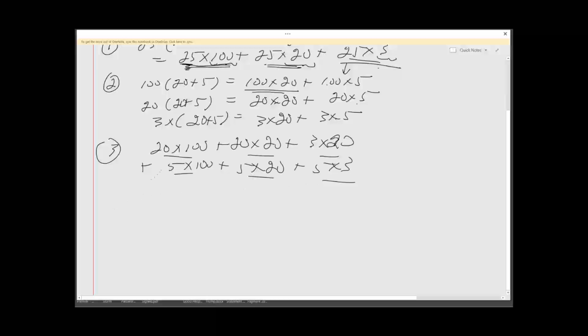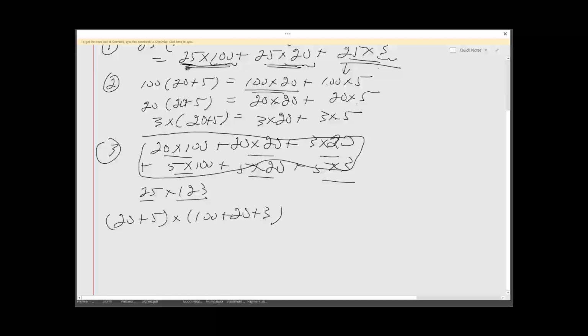The original problem was 25 times 123. Now let's expand each of these. This is now 20 plus 5 times 100 plus 20 plus 3. I know it's messy, but you'll have to try it out for yourself. And you can see this pattern.